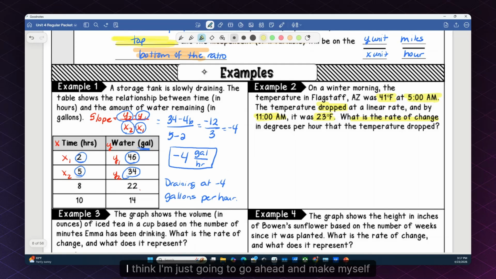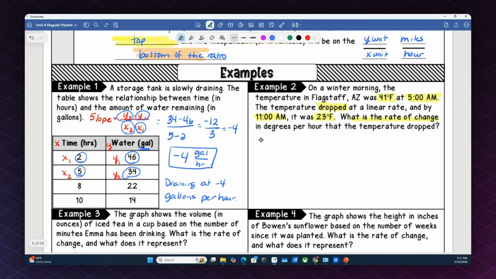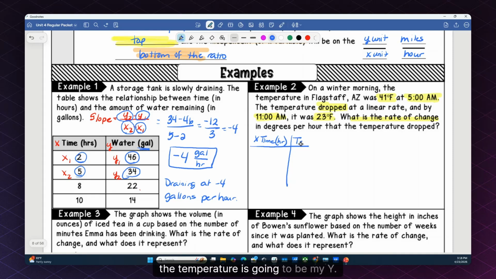You know what I'm going to do? I think I'm just going to go ahead and make myself a data table so that I can just write everything down. So, my x, this is going to be time, and time is in hours. And then the temperature is going to be my y. So this is my y value.